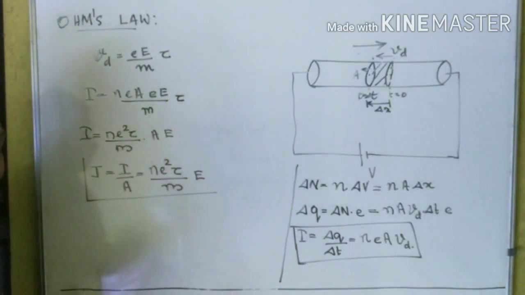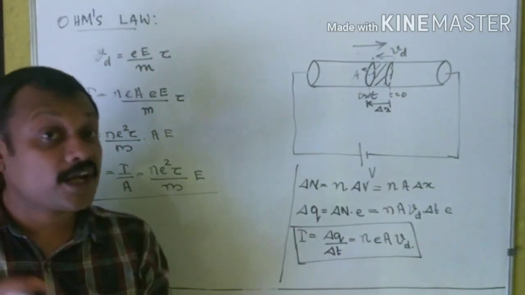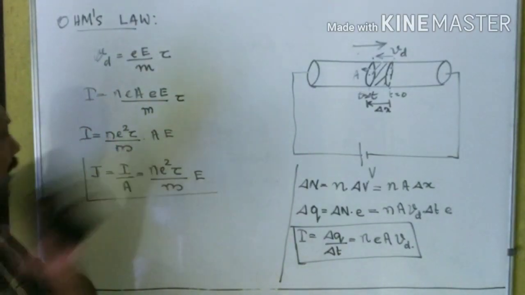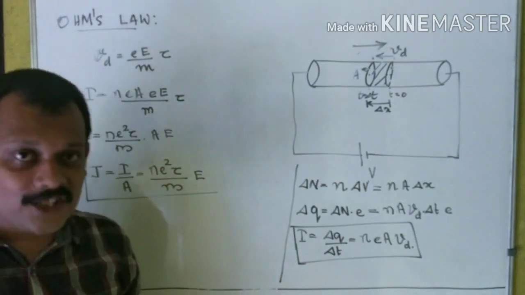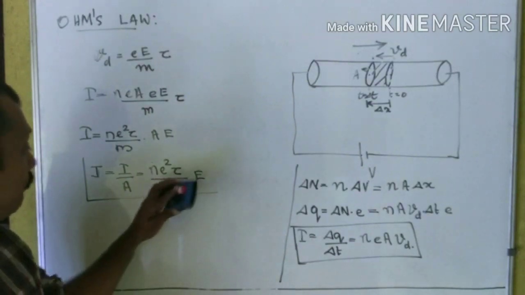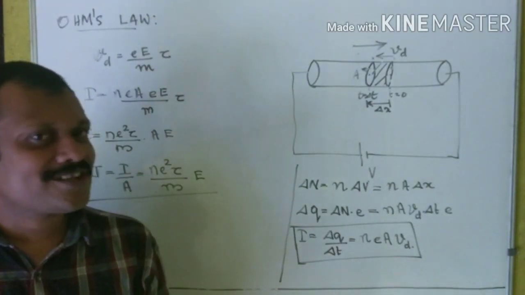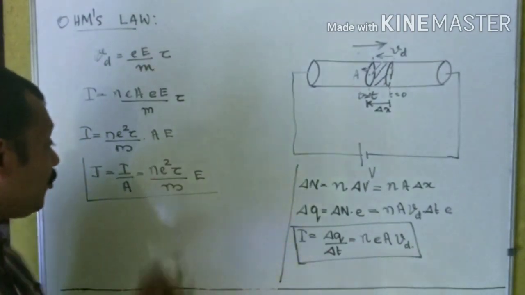What is n? Number density of free electrons, which is a constant for a given conductor. What is e? Charge of the electron, which is a universal constant, or elementary charge. What is m? Mass of the electron, that also is a universal constant. What is tau?